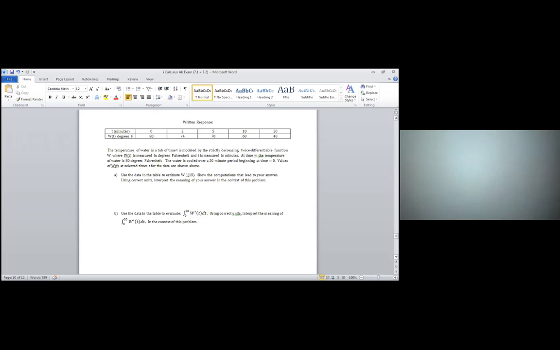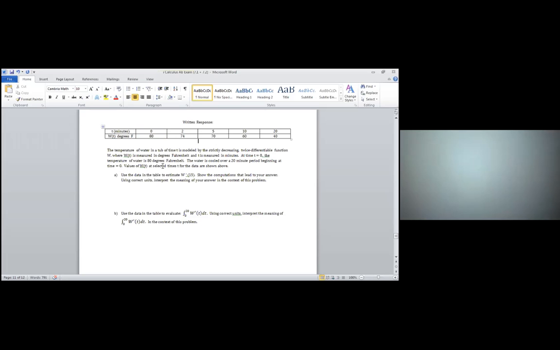At time T equals 0, the temperature of water is 80 degrees, which checks out.